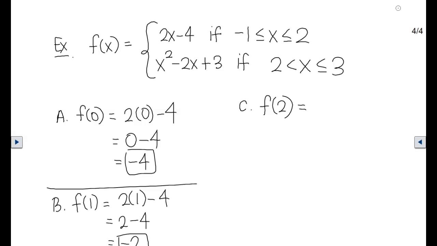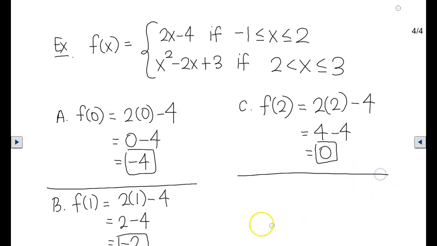It should be the first one, because -1 is less than or equal to 2 would work, and 2 is less than or equal to 2 would work because of the equal to. It wouldn't fit here because 2 is not less than 2. We need that equal to bar. So again, this is the first rule. So we're going to take 2x minus 4 and input a 2 for x. 2 times 2 is 4. 4 minus 4 is 0. The output would be 0.